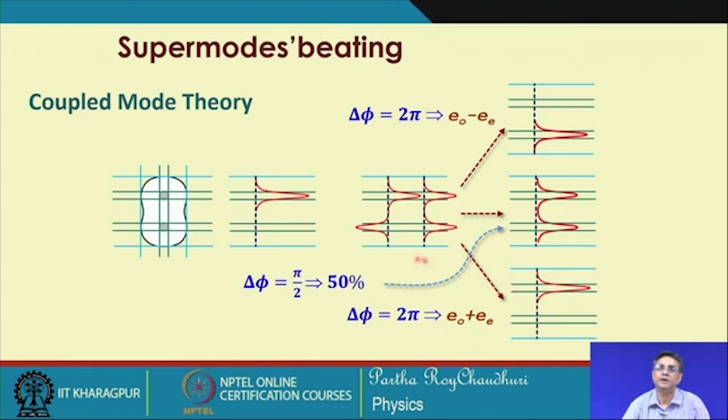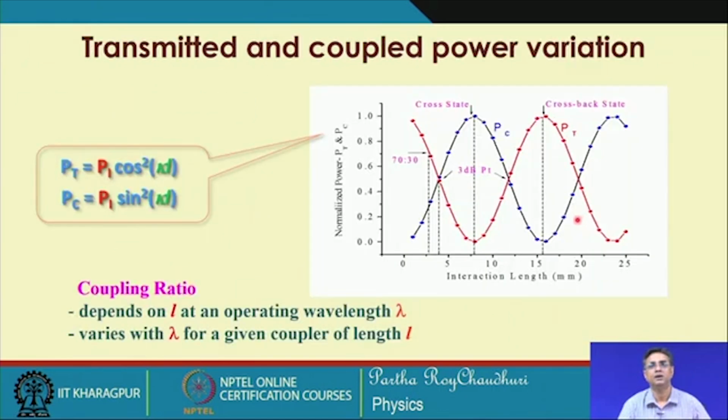Somewhere in between phase difference 0 and phase difference pi, the phase difference will correspond to pi by 2, then the light will be split 50% into both the lobes, identical lobes will exist in both the waveguides, provided these two fibers are identical. So, this is how the splitting of the light takes place in the light of the coupled mode theory, that is the beating of the super modes, the interference of the super modes along the length of the two fibers lying side by side.